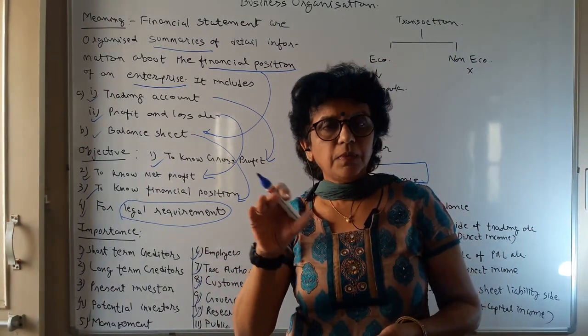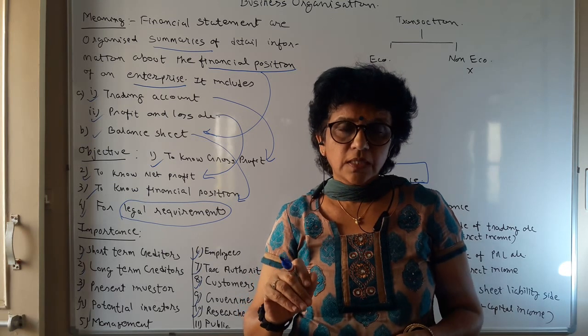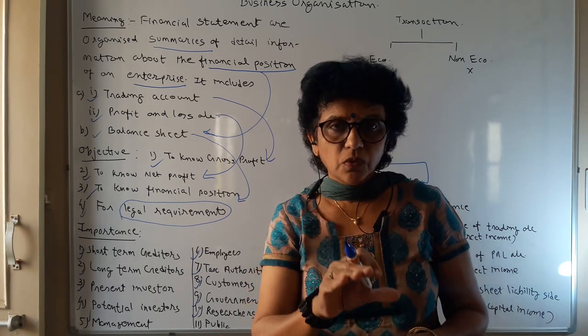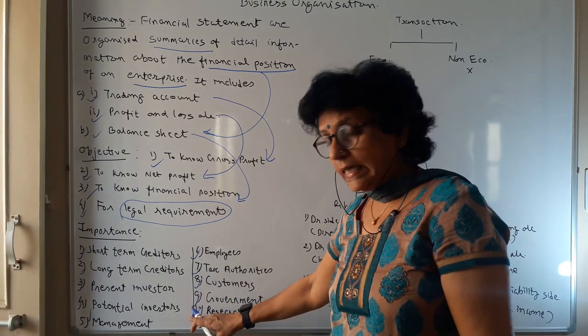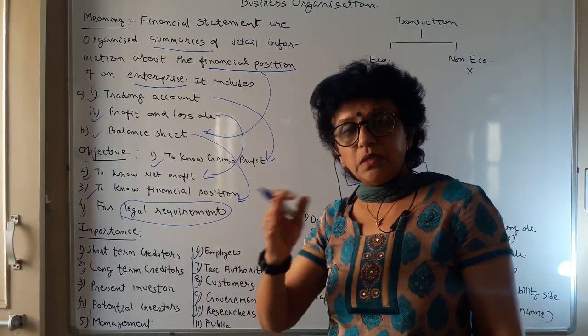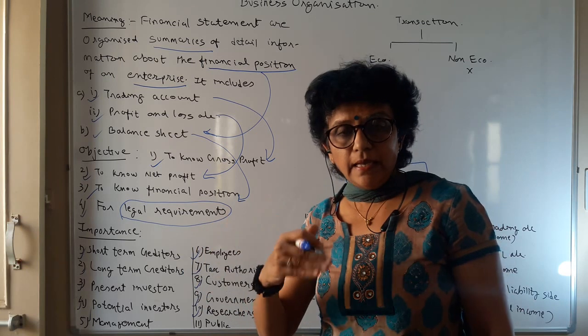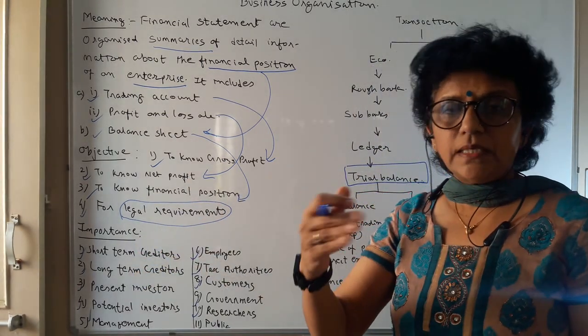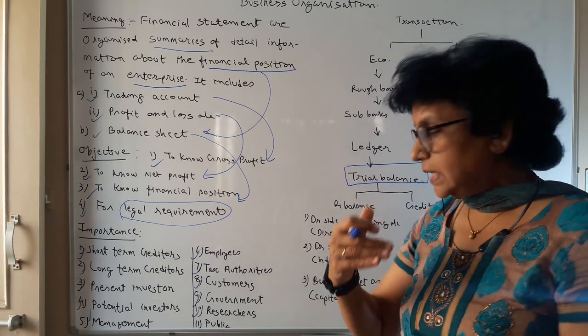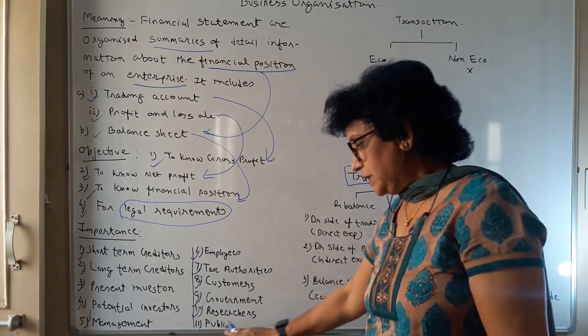Only the learned people know the accounts, and those who know are in the field of research. They keenly compare, observe and conclude, and help the general public understand. So researchers are also very much interested in your accounts.